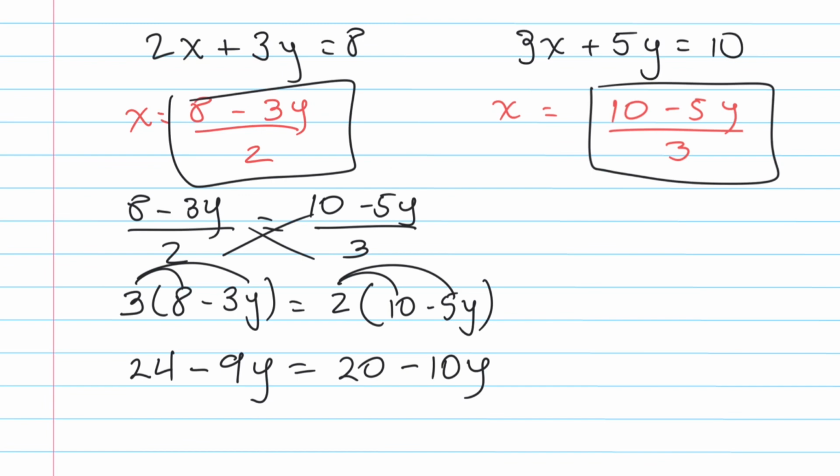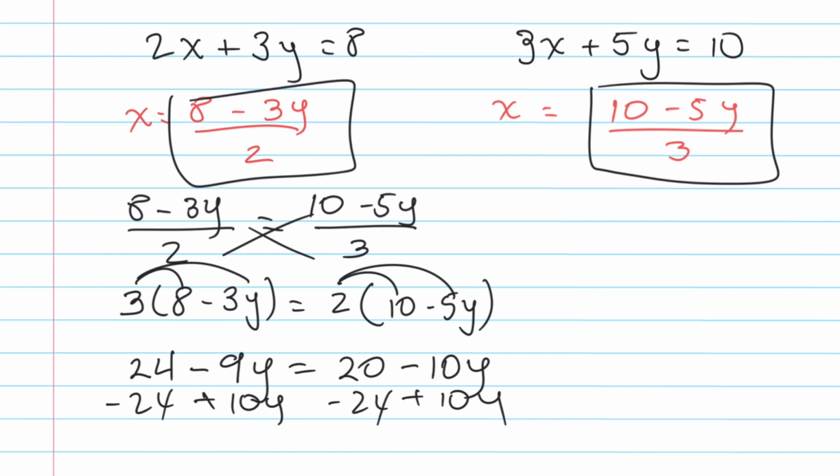Okay, see where we're going, right? We're looking for the value of y. So we're going to bring the y's to the left and the rest to the other side. We just add 10y, and we subtract the 24.